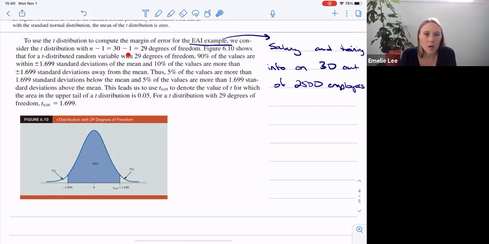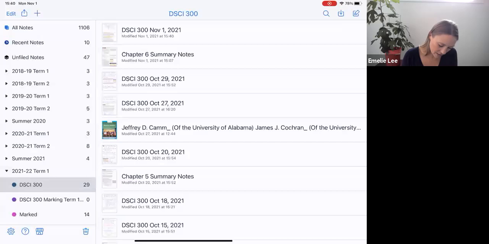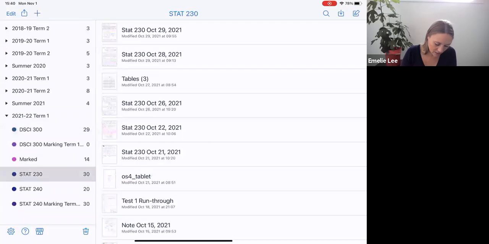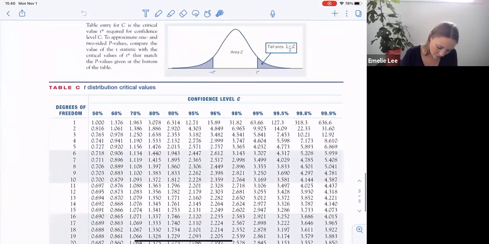Okay, and so if you want to make a 90% confidence interval, one way that we're going to see is we need to know our degrees of freedom, and we need a confidence level, which is our 90%. I don't have a table here. I'll post it on Moodle because I don't have it posted for you yet.